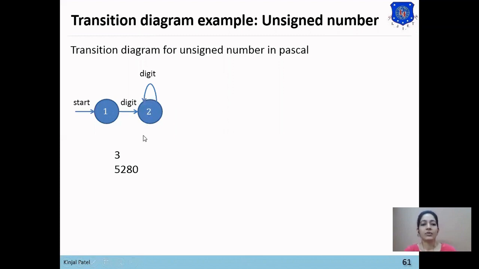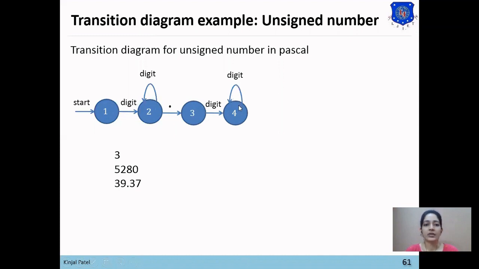Now we want to add the fractional number, as it is included in an unsigned number. So for the fractional number, the transition diagram will be like this: digit, fraction, digit. There can be more than one digit before the fraction and more than one digit after the fraction. So 1 to 4 represents the fractional number.